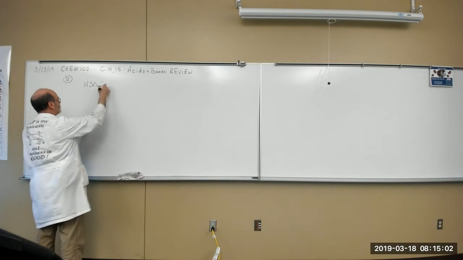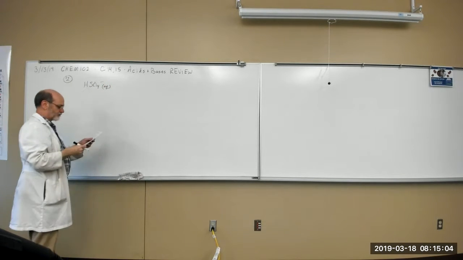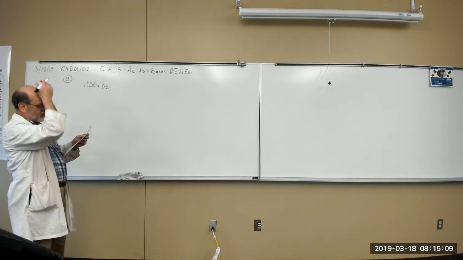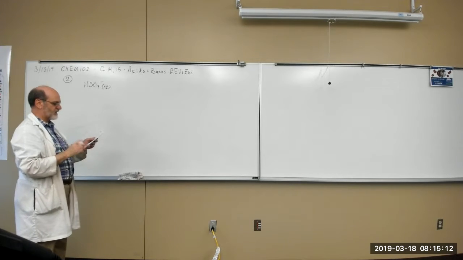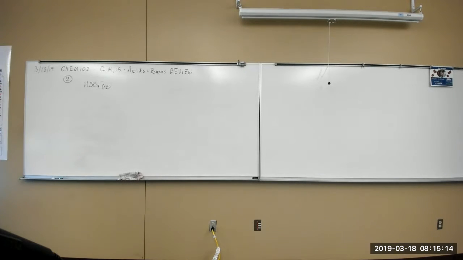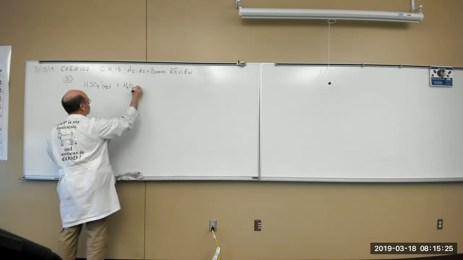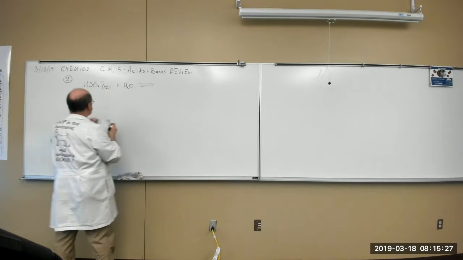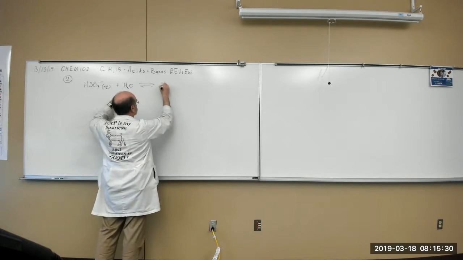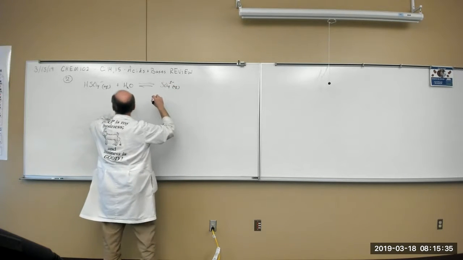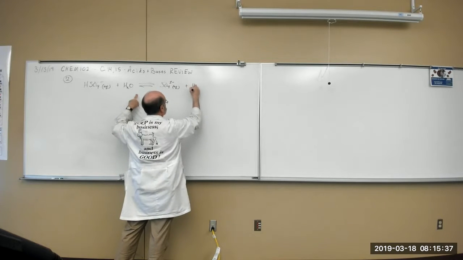It can act as either an acid or a base. In which of the following equations does HSO4 minus act as an acid? And so if it's an acid, it has to give up one proton, doesn't it? So if it gives up that proton, that gives you that as your conjugate base, and this as the conjugate acid of water.